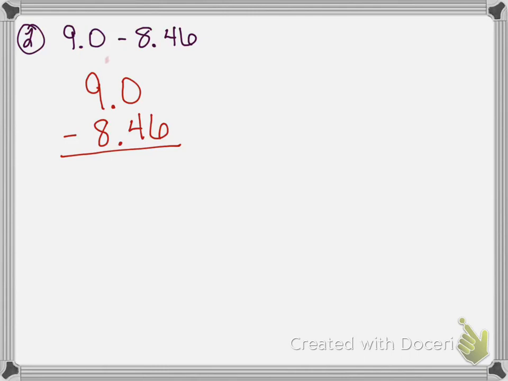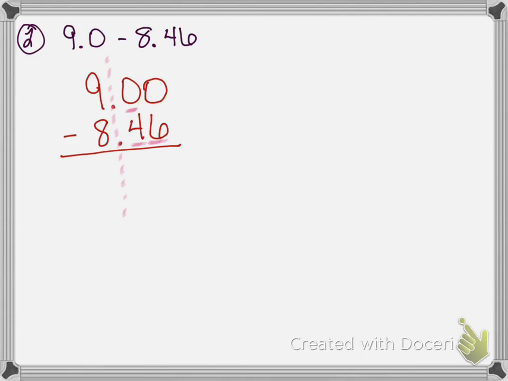Also look at how on our 9, we only have 1 decimal spot, but on our 8.46, we have 2. So I have to put a 0 right here so that all of my decimal spaces are accounted for.